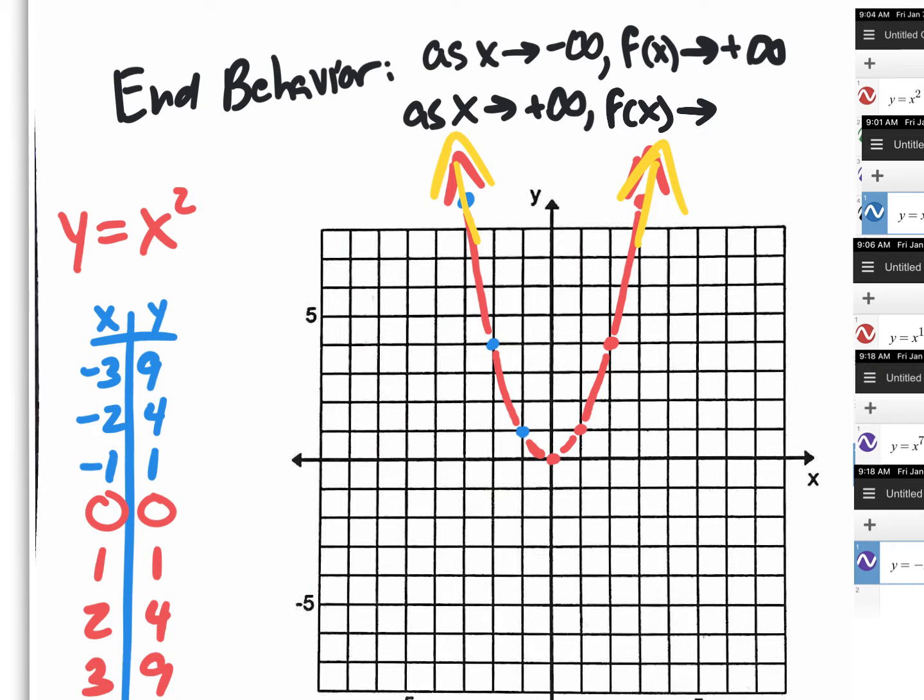Up, which means what? Positive or negative infinity? Positive infinity. Obviously, positive means up, negative means down when you're talking about y values. And that is the correct end behavior for that parent graph parabola that we're all used to from semester 1, y equals x squared. Any questions?